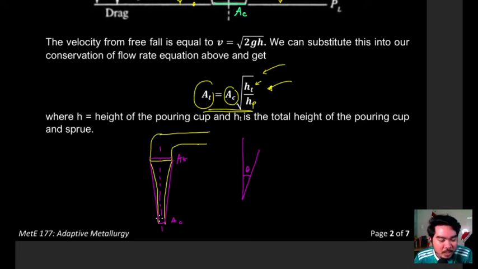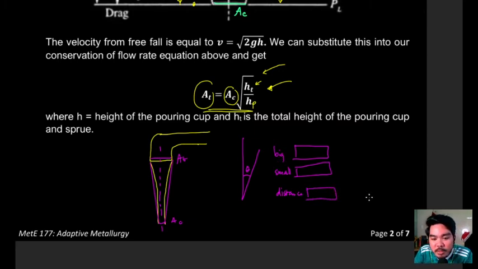Or if you want the easier way, you can actually search sa internet lang, just Google taper angle calculator, tapos meron doon ipapa-input lang sa iyo yung big area, input lang yung small area, tapos input yung distance between the big and the small area. Input nyo lang yung 3 values, you click calculate, tapos ibibigay na sa iyo yung taper angle. So you can also do that, no? Pero if you want a more rigorous na solution, you can calculate this on your own, no? Using geometry lang. Okay?